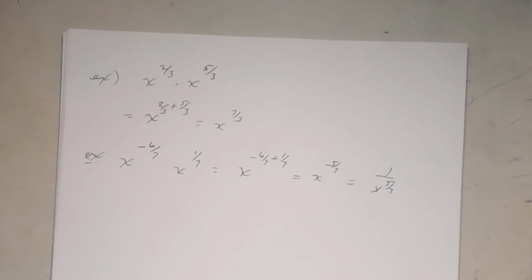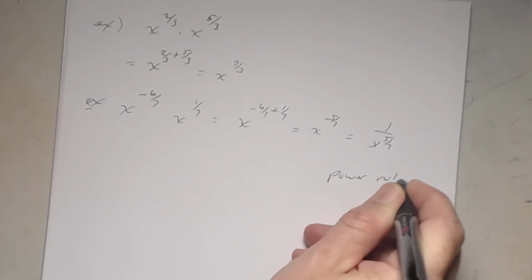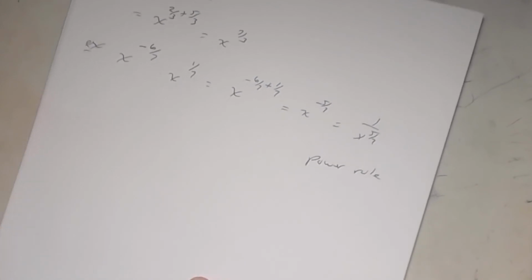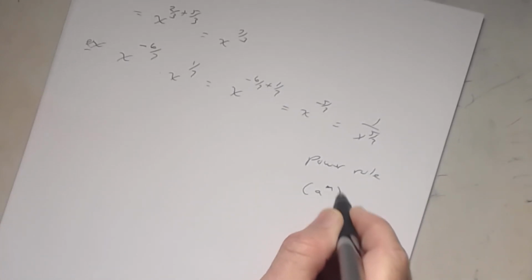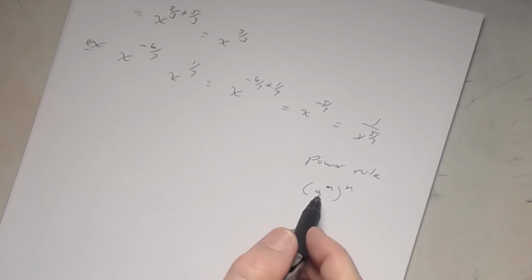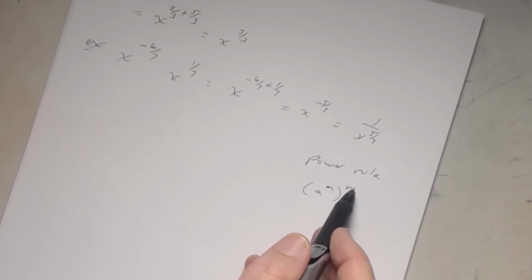All right. So then let's talk about the power rule. Last semester you talked about the power rule. So the power rule looks like this: you have a to the m raised to the n. So basically you have parentheses involved, and what you have inside the parentheses is being raised to another exponent.